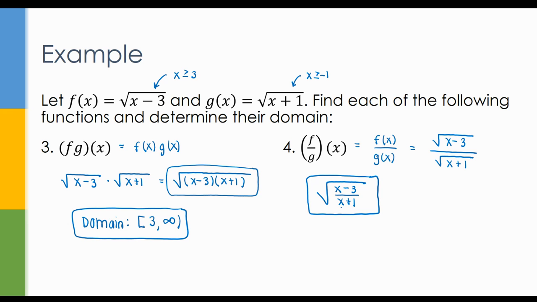If I plug in any numbers greater than 3, it won't turn my denominator to 0 either. So just like all our other ones, we can start with 3 included and go up to all of our positive numbers.